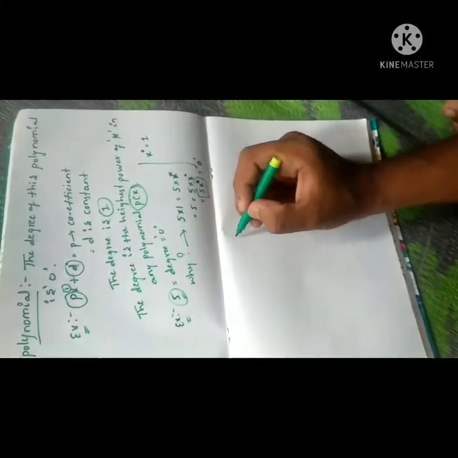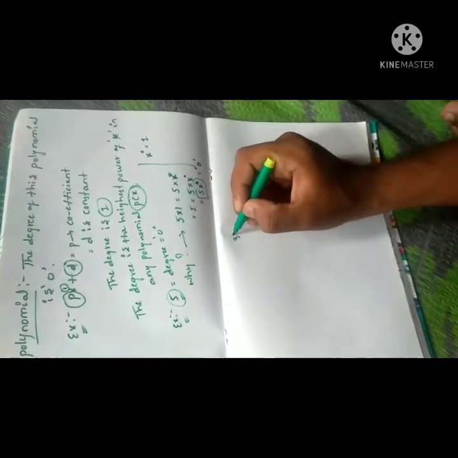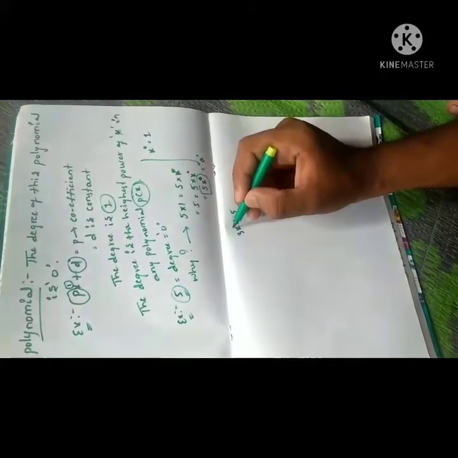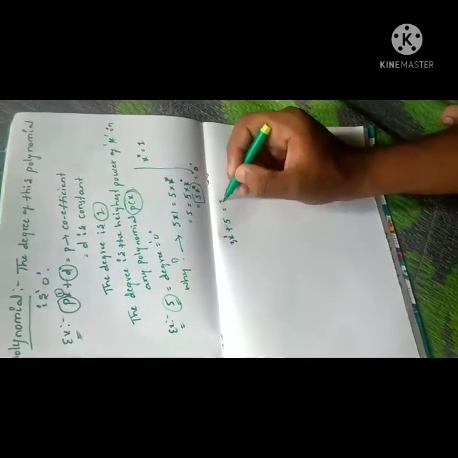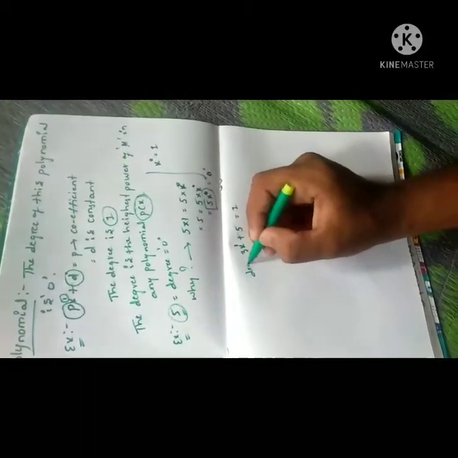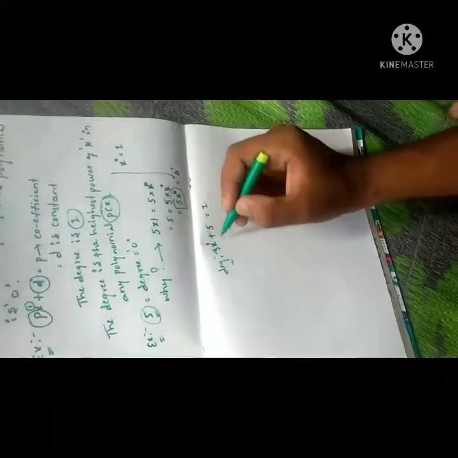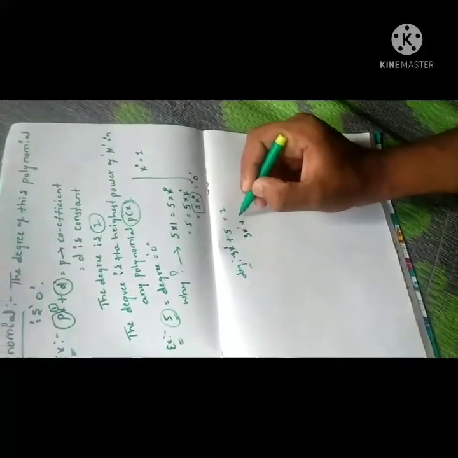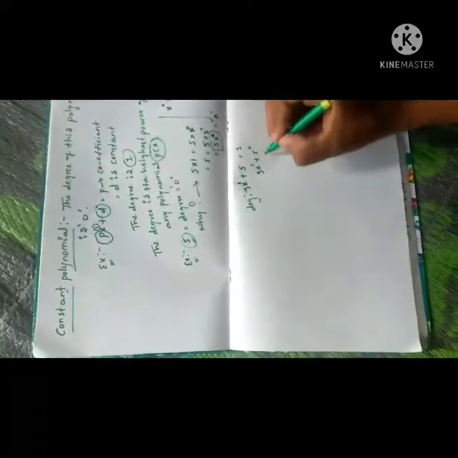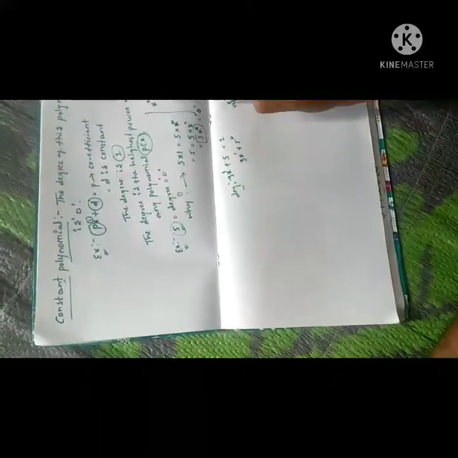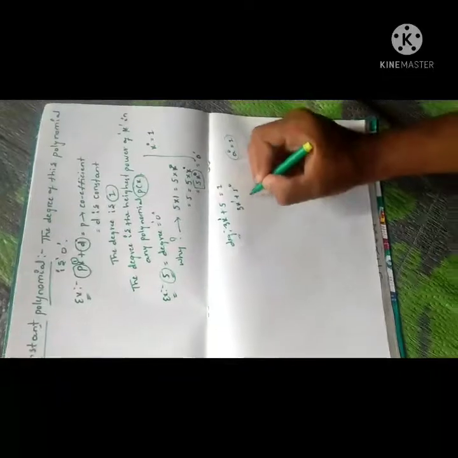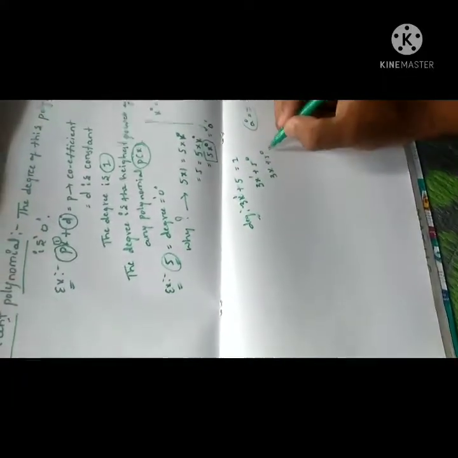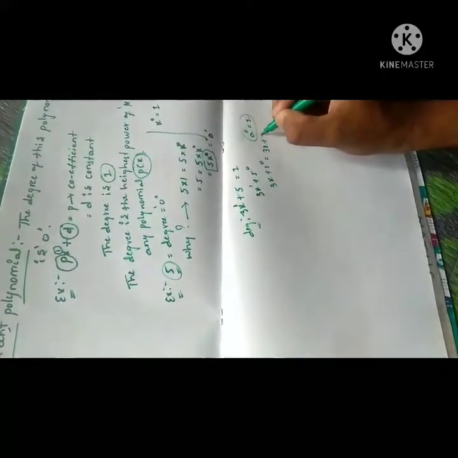But we cannot write 3x plus 5. Here the degree is 1. But we cannot write 3x plus 5 power 0. Anything to the power 0 is equal to 1, hence 3x plus 5 power 0 would become 3x plus 1.